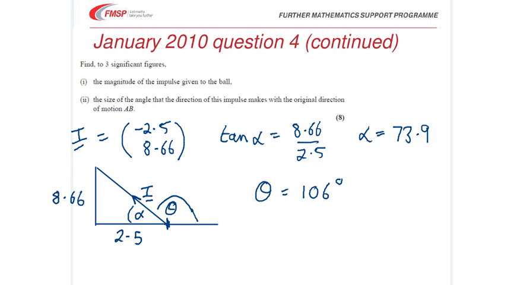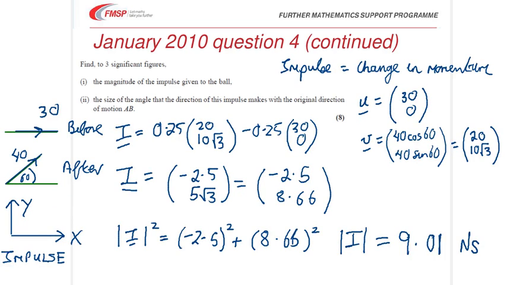The allocation of marks went like this then. There was an M1A1 mark for the construction of the impulse equals change in momentum equation. So let's put that alongside here. For attempting to do impulse equals change in momentum, for putting the right numbers in, and for then getting the right value of the impulse, that was a total of 4 marks.